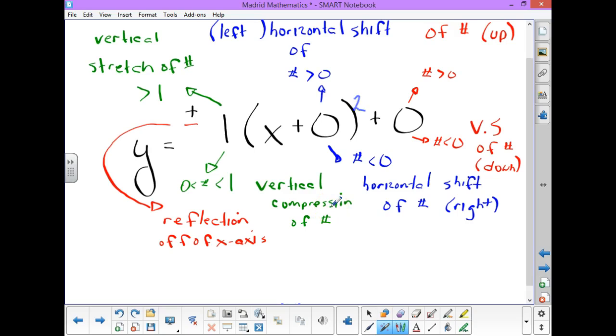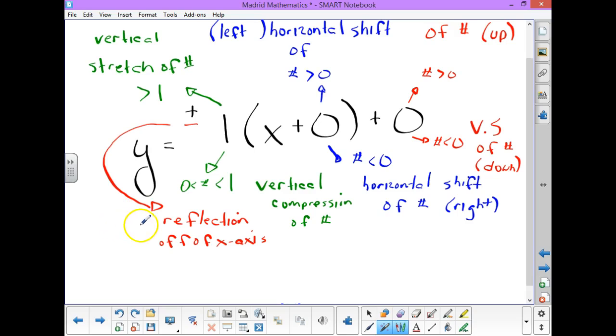If you were looking at a cubic, you would have an exponent of 3. If you were looking at absolute value, you'd have the absolute value signs right in there. And lastly is square root, where you would have the radical sign right in there. So that is the basics. It looks like a lot's going on, but it's very helpful.